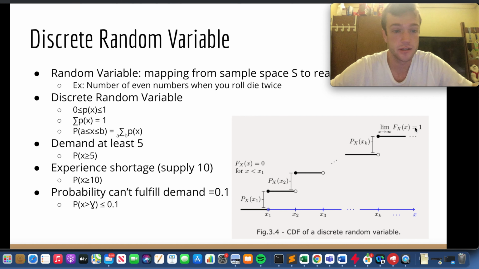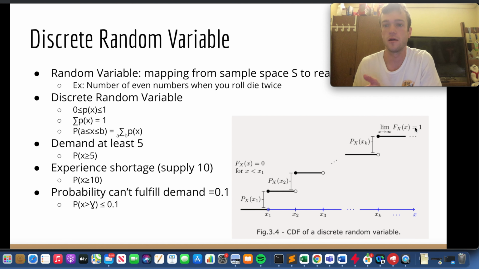A question that could be asked, given our background in supply chain engineering and the focus of this course, is: what is the probability of the demand being at least 5? That means, what is the probability that demand is greater than or equal to 5? So it's just a rearranging of the terms.